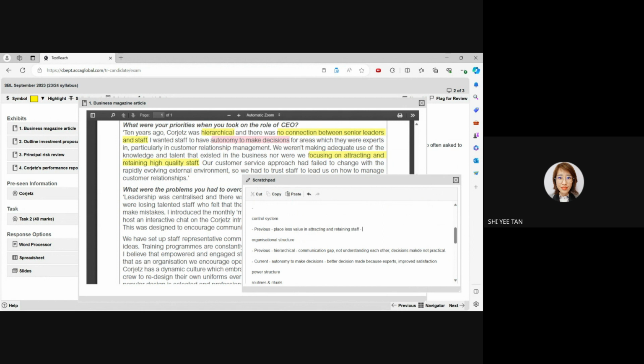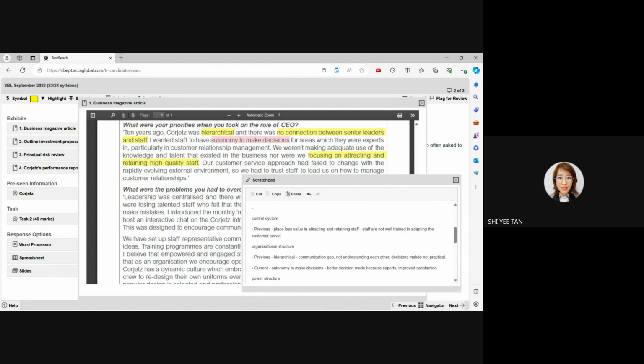The problem is staff are not well trained in adapting the customer service to the changing demand of the customers. So the external environment.